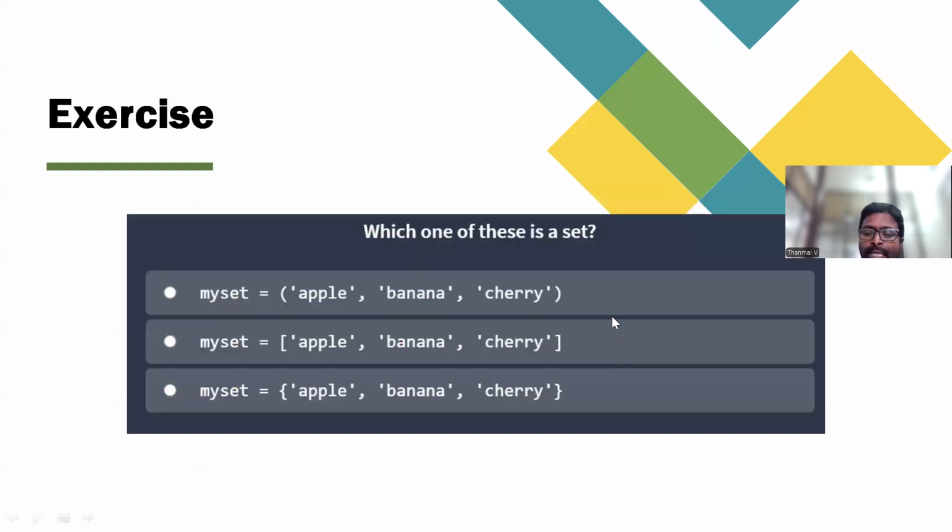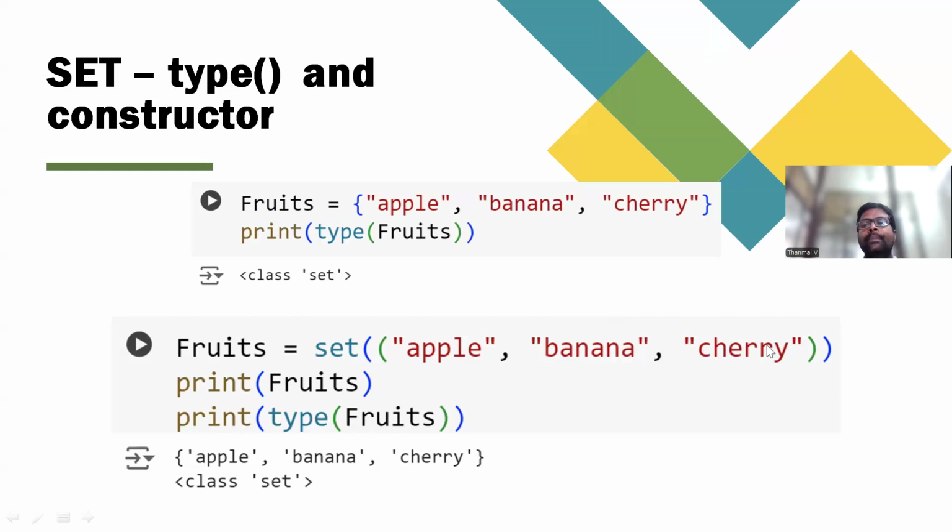The first way is initializing the set with curly brackets, between which you include the elements of the set. Another way of representation is fruits equal to set of apple, banana, and cherry.